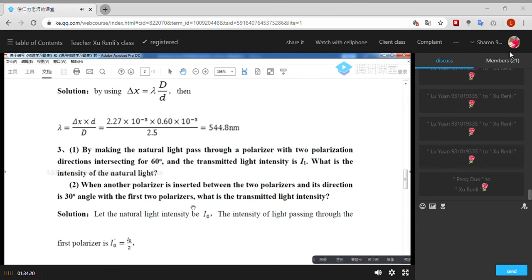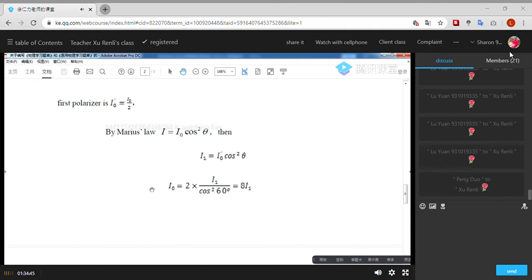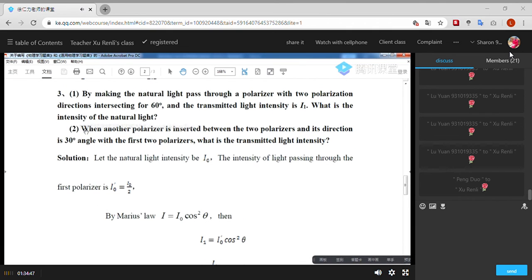So for the first question, the answer is 8I1. It's just the inverse process of the choice question. Let's directly talk about question 2.